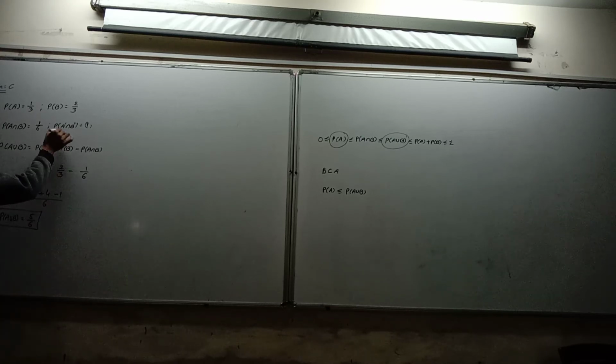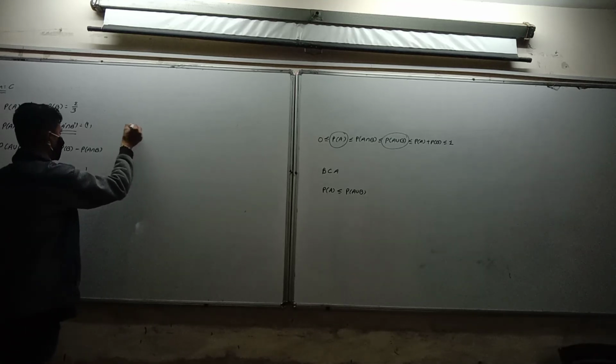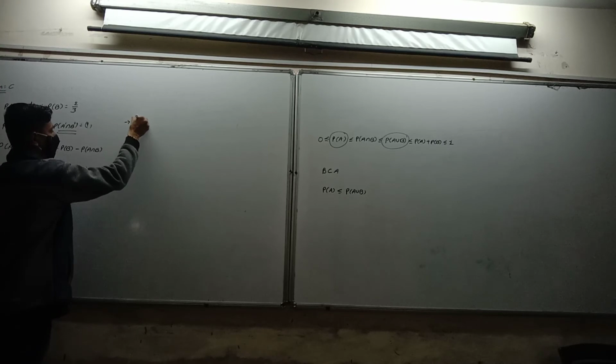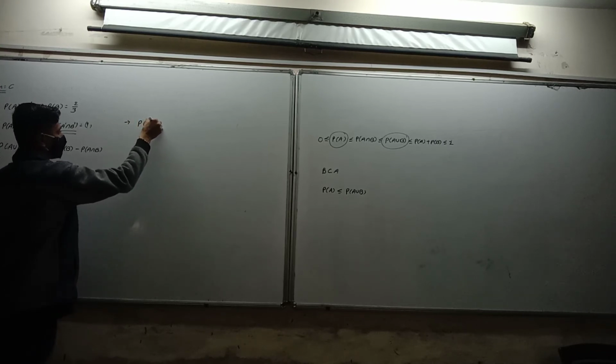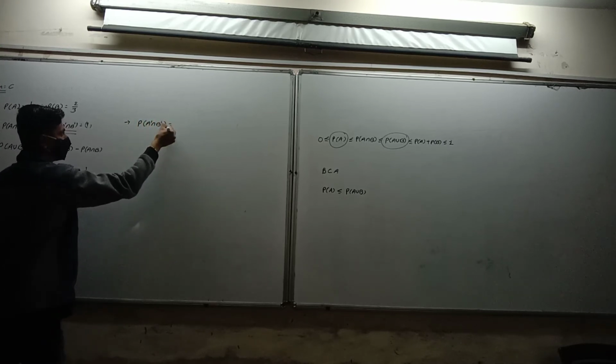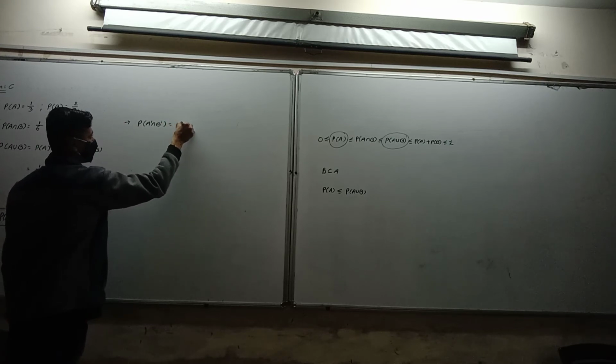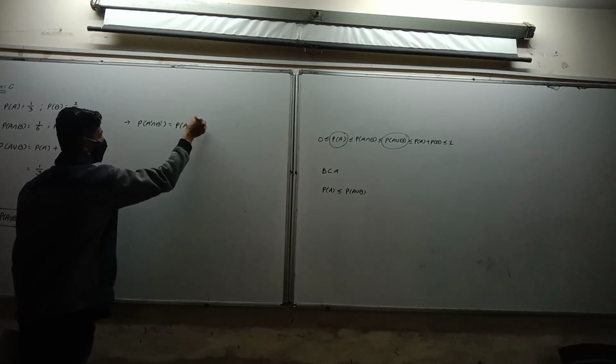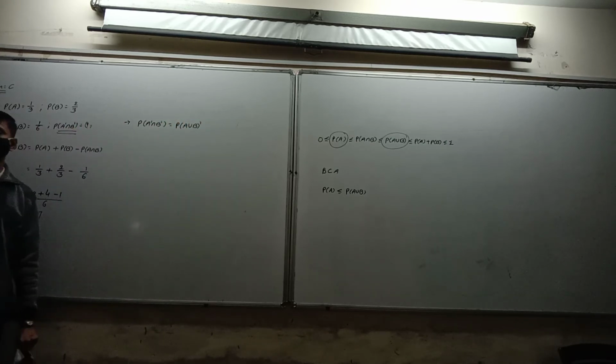Next, find out P of A dash intersection B dash. Both events are not possible. P of A dash intersection B dash is equal to P of A union B whole dash, complementary event of union.